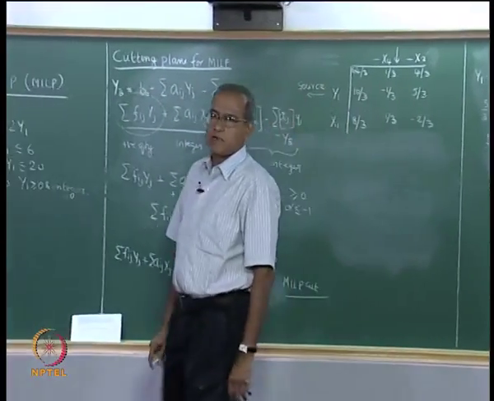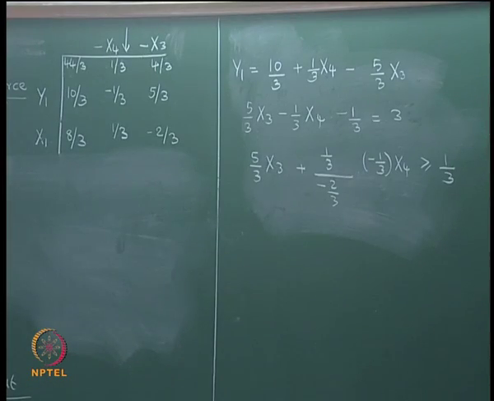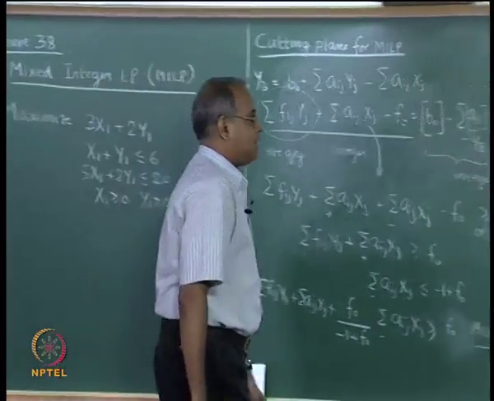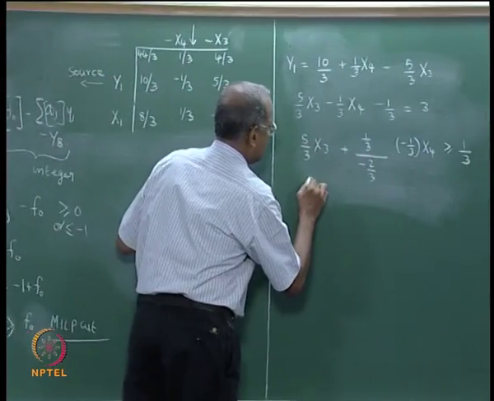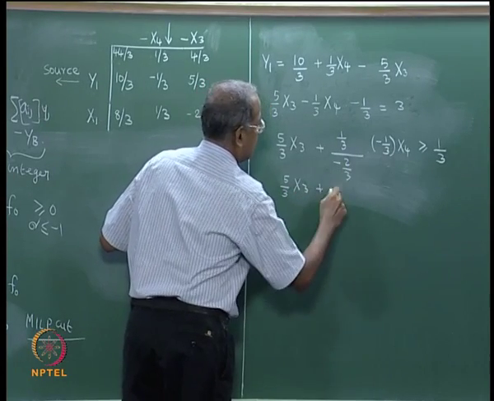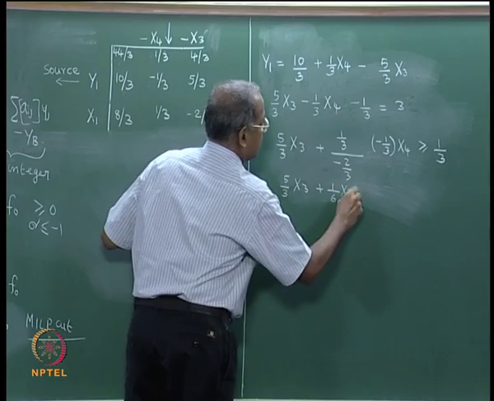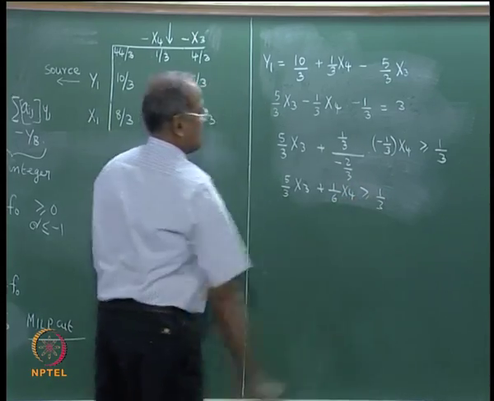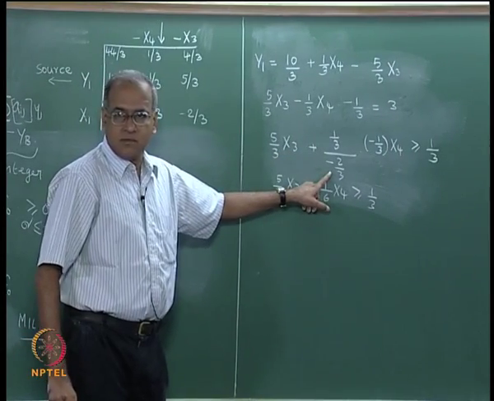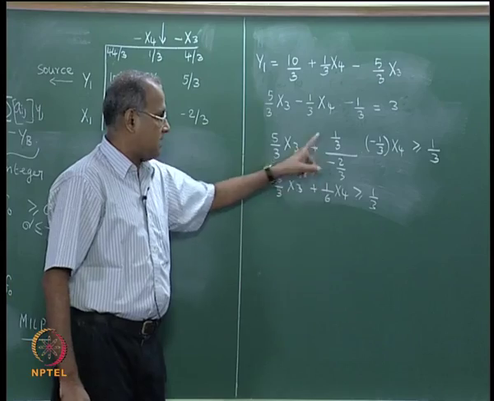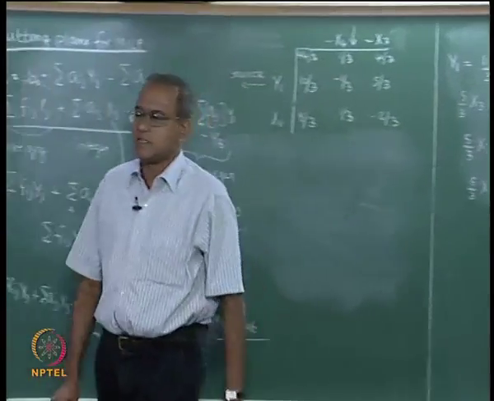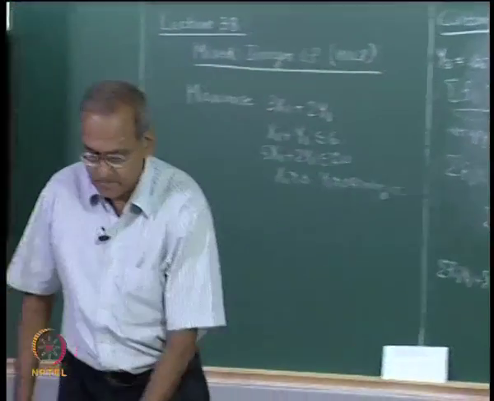This is our MILP cut, greater than or equal to f naught. So, this MILP cut will give us 5 by 3 x3 plus 1 by 6 x4 is greater than or equal to 1 by 3. 1 by 3 divided by minus 2 by 3 is minus 1 by 2, minus 1 by 2 into minus 1 by 3 is plus 1 by 6 x4 is greater than or equal to 1 by 3.